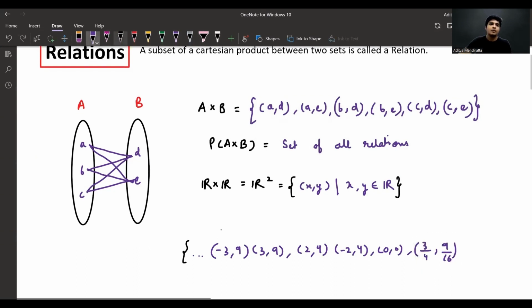Now, there would be more such elements in this set, of course, but let's take some elements that are clearly visible. This is a very specific subset of R cross R.